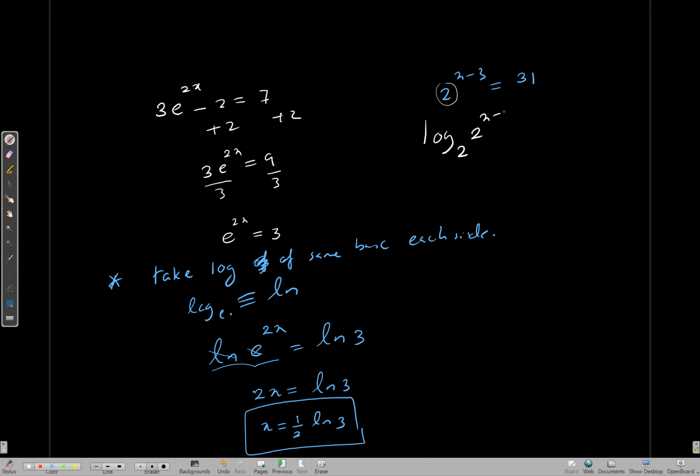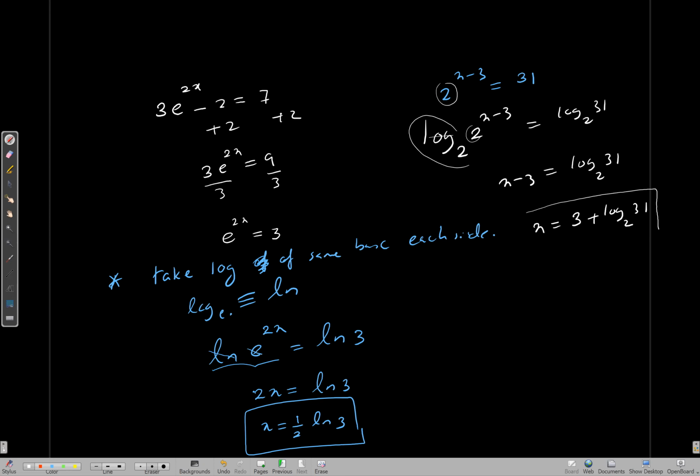Once I do that, log and exponential base will cancel, and you will only have x minus 3. So x minus 3 equals log base 2 of 31. When I add 3 to both sides, x is 3 plus log base 2 of 31. After that, you need a calculator or logarithmic table to find the final solution.